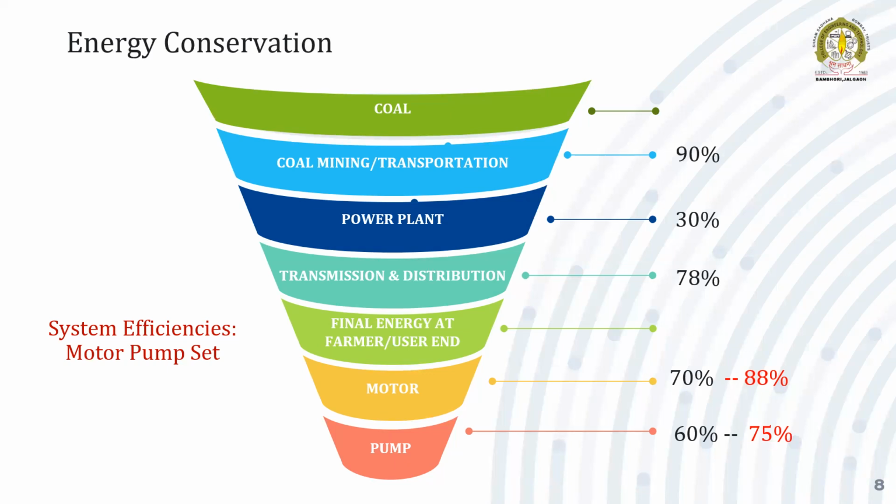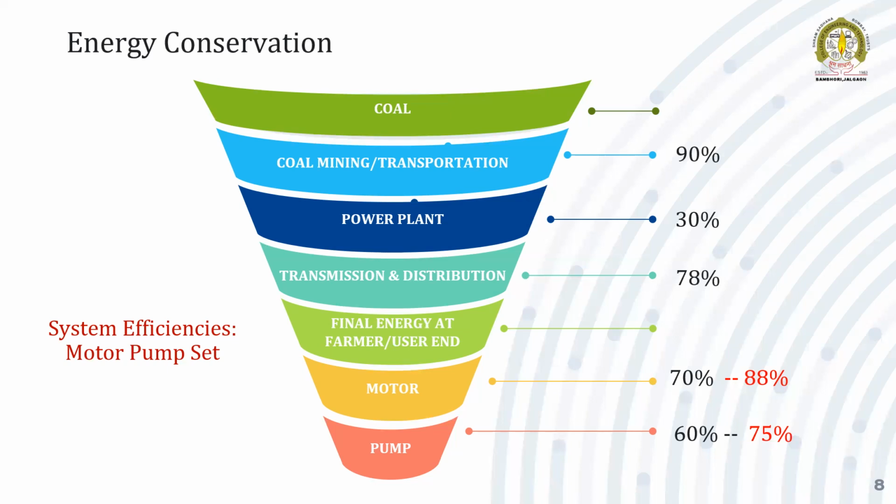We can observe from this that the efficiency keeps decreasing. Therefore, at the user end, if the energy generated in the generating plant is 4 units, the user receives only 1 unit of electricity. From the primary energy to the final user, only one fourth of the energy reaches the user end.